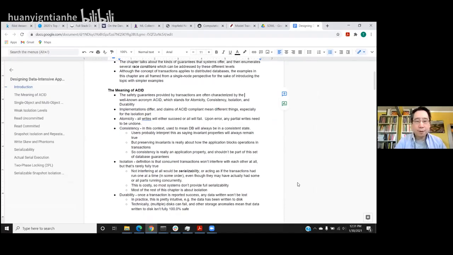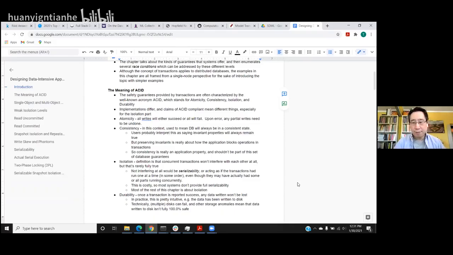So the A stands for atomicity. And that means that if you're doing multiple things, in particular multiple writes, then either every one of them will succeed or every one of them will fail. The classic example is transferring money between 2 bank accounts.